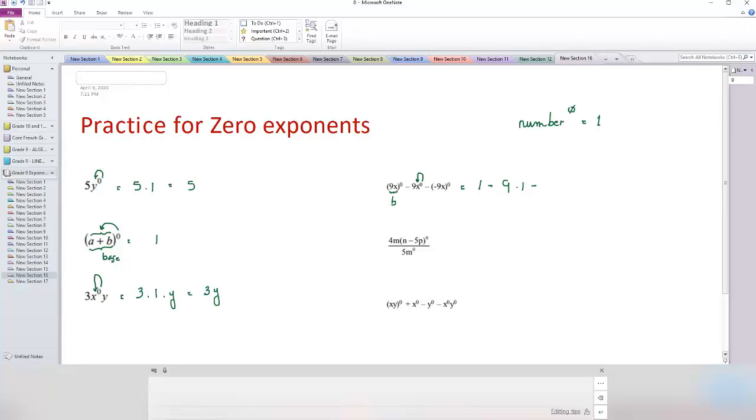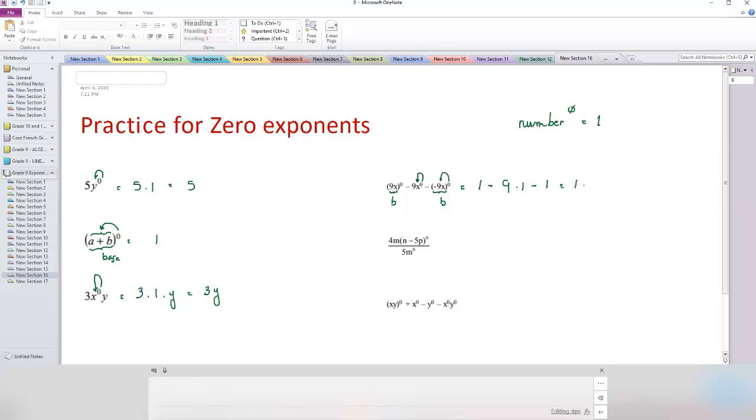Minus. Now, we need to be careful. I have a lot of stuff inside the bracket. The negative, the 9, the x, it's affected by the 0. So I don't care now about the negative, I don't care about the 9 and the x. I care about one thing, that any base to the power of 0 equals 1. Now, I try to simplify.